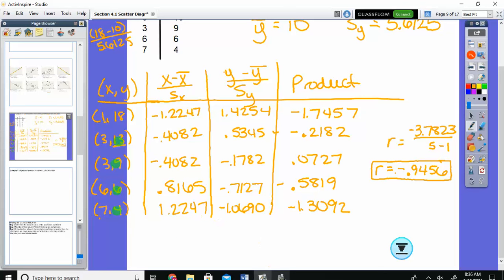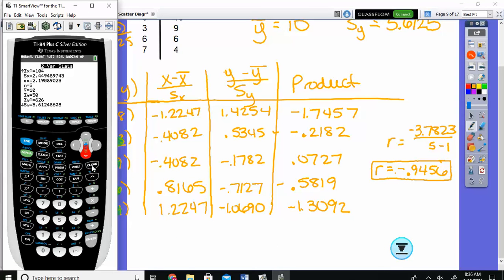So let's talk about what we would do on our calculator. All right, here's what I need you guys to do. I need you to go to second and the 0 button. It takes us into our catalog. There is a feature on your calculator which gets turned off sometimes. We need to go all the way down to the D. We need diagnostic on.